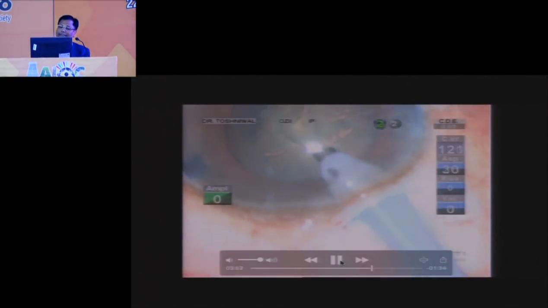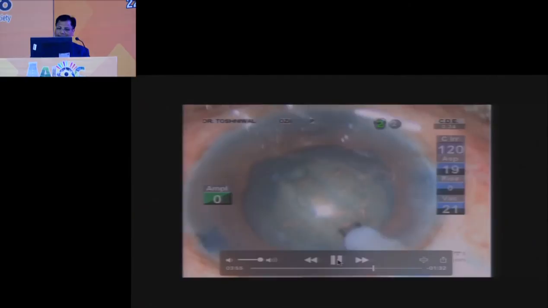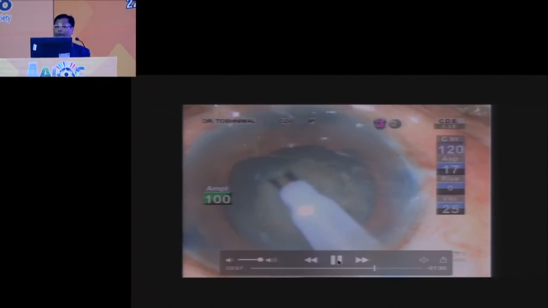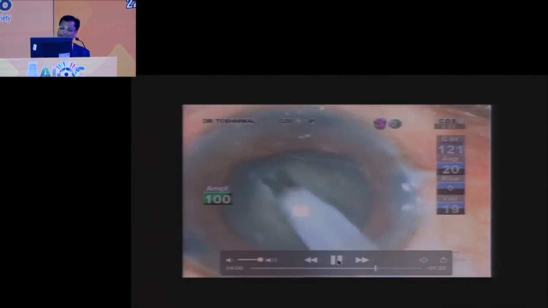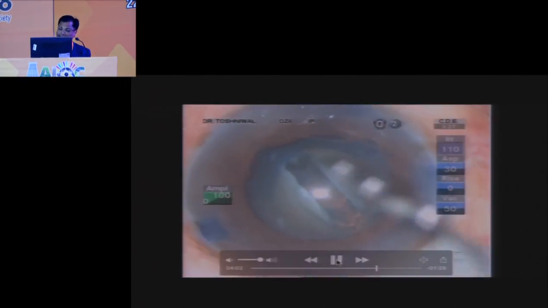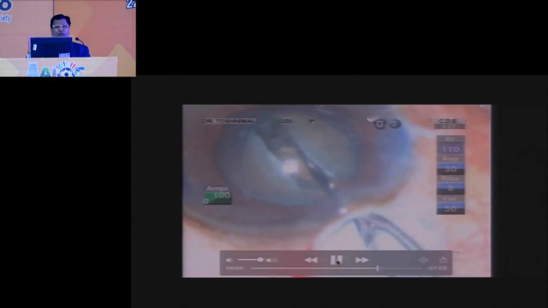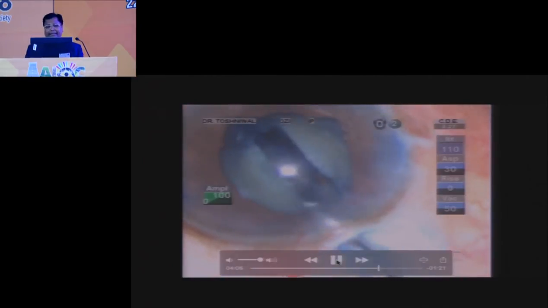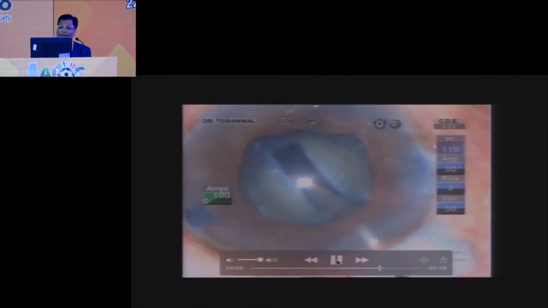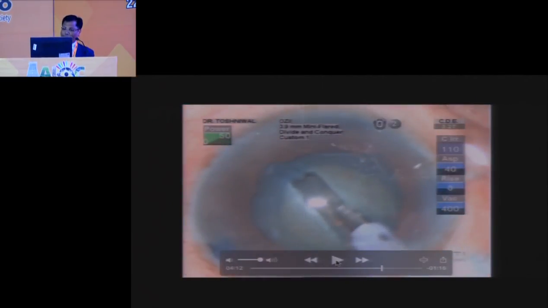Most shallow anterior chambers are associated with this small pupil. Again, a central trench, stop and chop technique and division. No more instrumentation, no more handling. That is important. So we try to do it with a one-handed technique only.